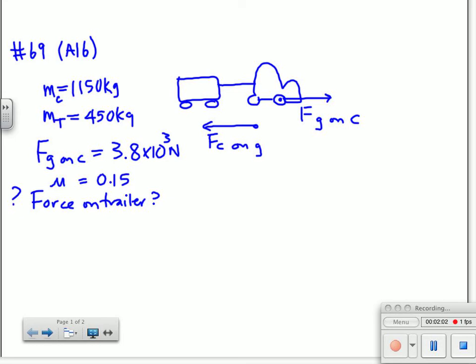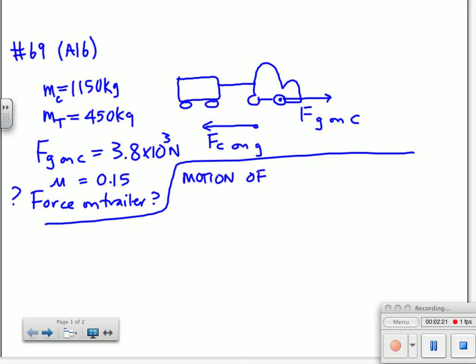So this problem essentially is asking us about the motion of the trailer, but we need to look at the motion of the car initially. Let's do the motion of the whole system.